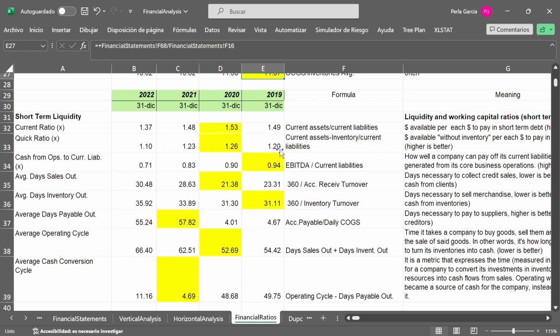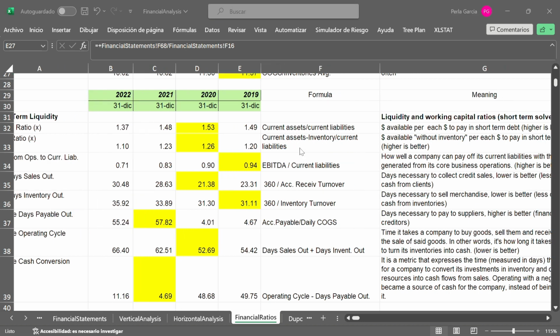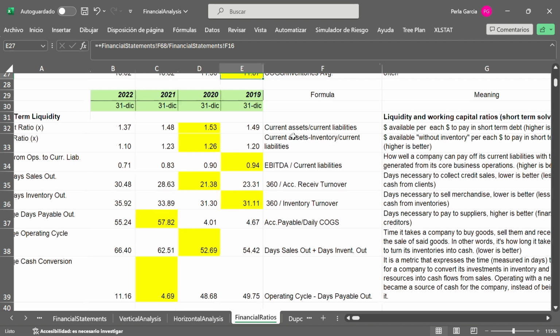Here we have the short-term liquidity ratios, which assess a company's ability to meet its short-term financial obligations using its short-term assets. So in the current ratio, we can see the current assets and the current liabilities, which means the pesos available per peso to pay in short-term debt.